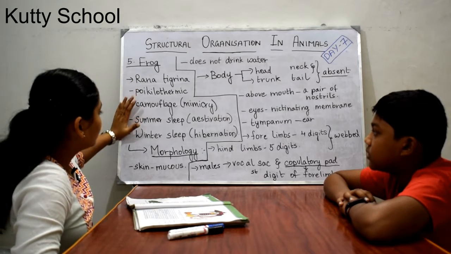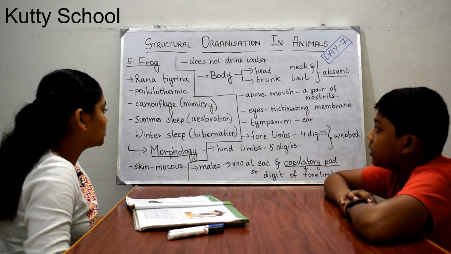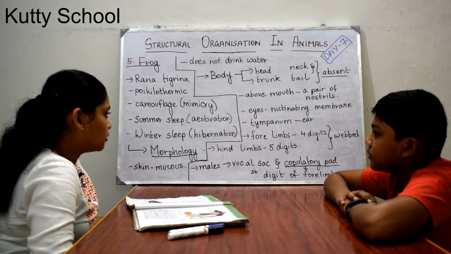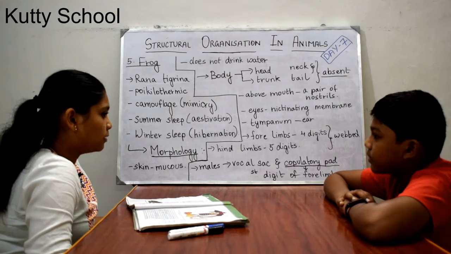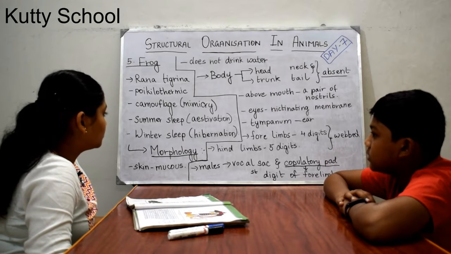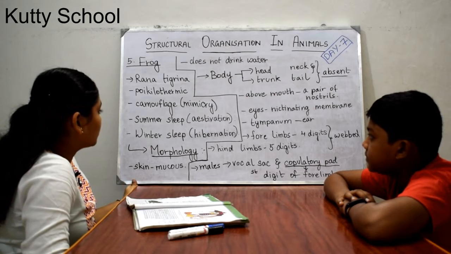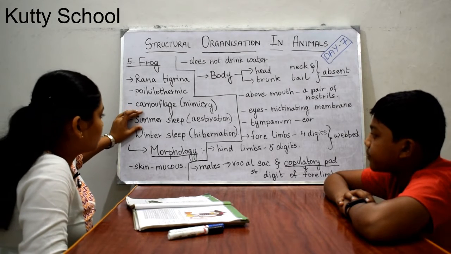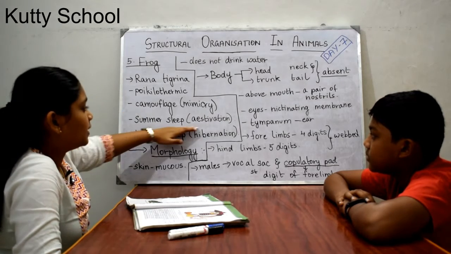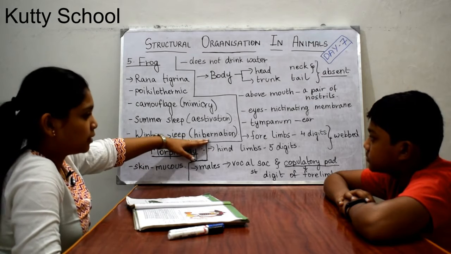At peak conditions like summer and winter, they form deep burrows and rest there. In summer, when they are in burrows, it is known as summer sleep, also called aestivation, and in winter it is known as hibernation.